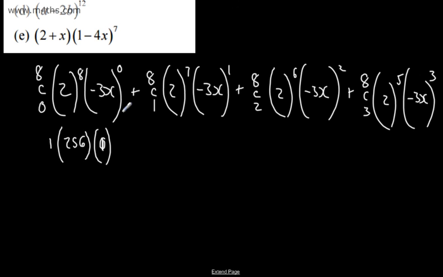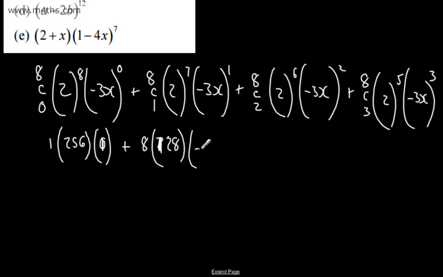So this to the 0 is just 1. 8c1 is 8. 2 to the power of 7 is 128.